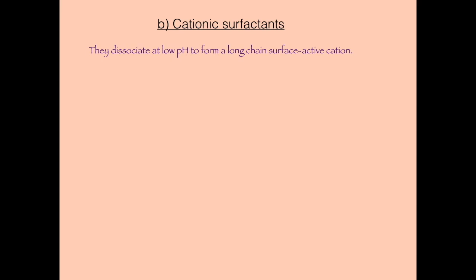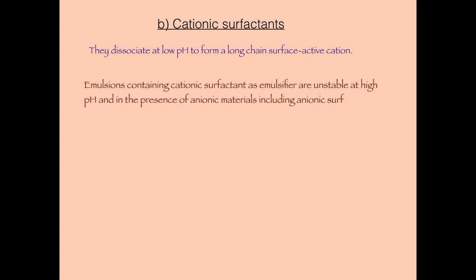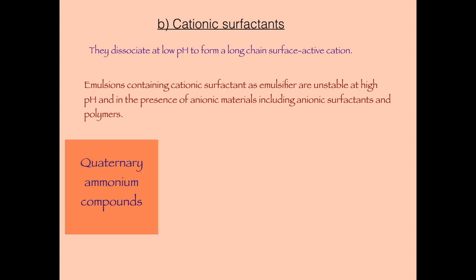So they perform their emulsifying action only at low pH. Emulsions containing cationic surfactants as emulsifier are unstable at high pH and in presence of anionic materials including anionic surfactants and polymers. The examples are quaternary ammonium compounds.